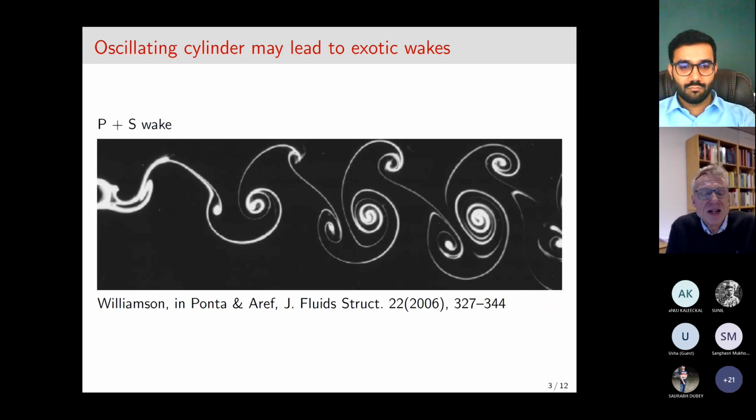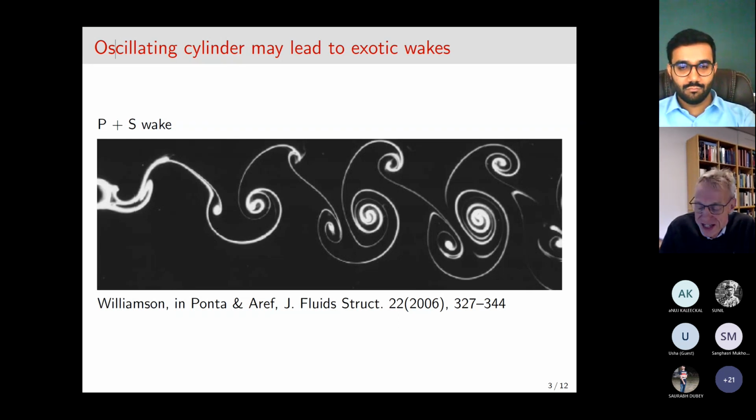So during a cycle, you will get two vortices shed on one side of the cylinder and a single vortex on another side. So this is an experimental picture, and these vortex streets, which are more complicated than just the standard von Karman wake, have been called exotic wakes.